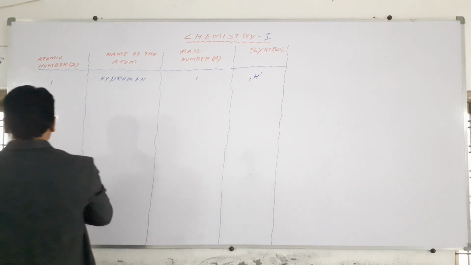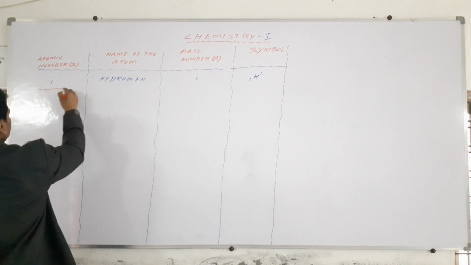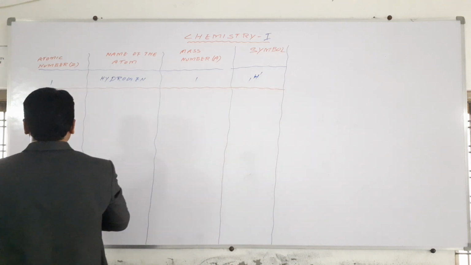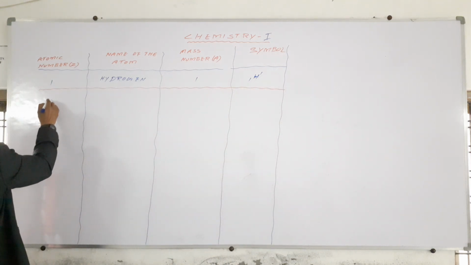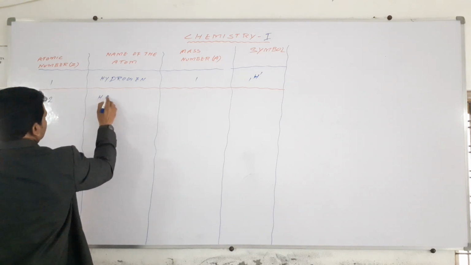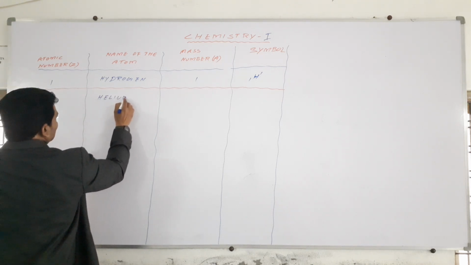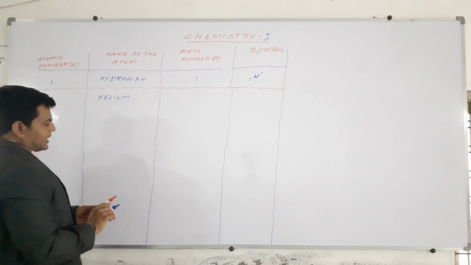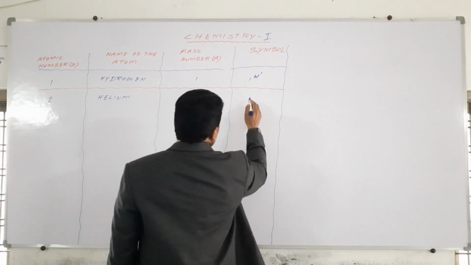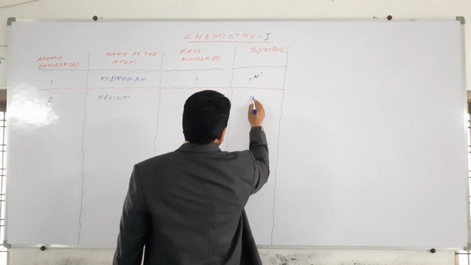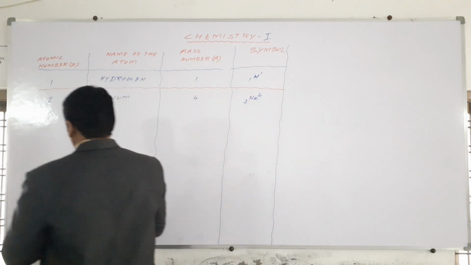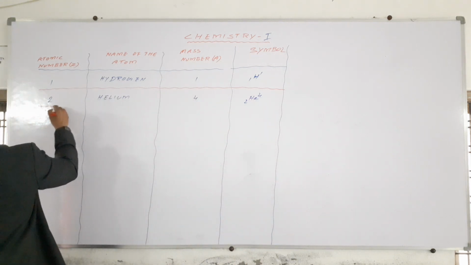Okay, so next, atomic number 2. Name of the atom helium. Mass number 4. Then symbol He 2 4.